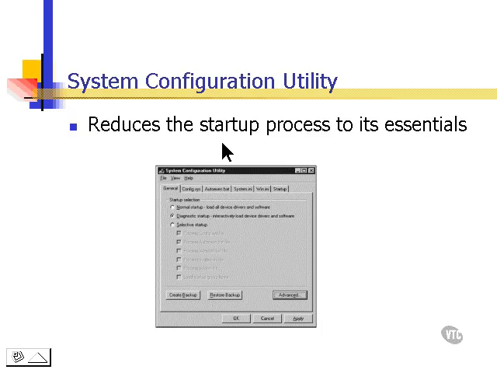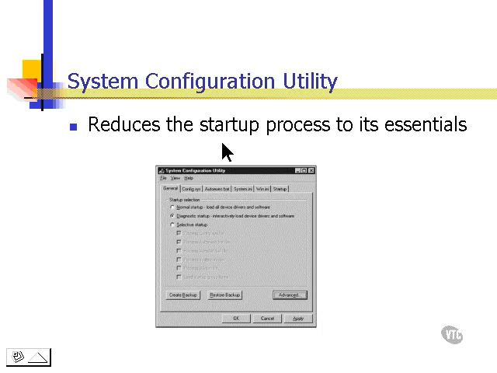This is a great troubleshooting tool because we can reduce the system down to its most essential components and therefore be able to isolate the trouble, which is the first part of troubleshooting, isolating the problem.